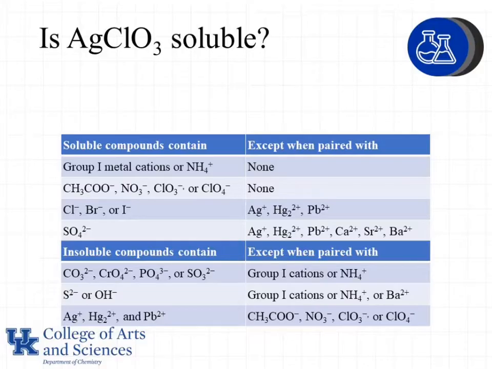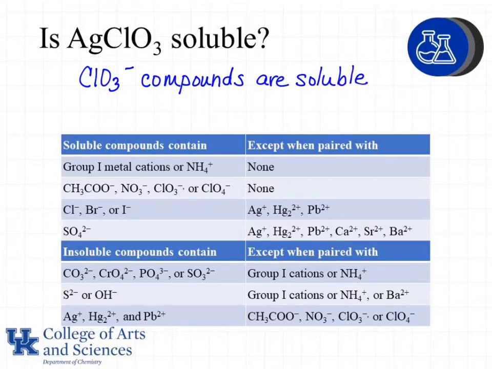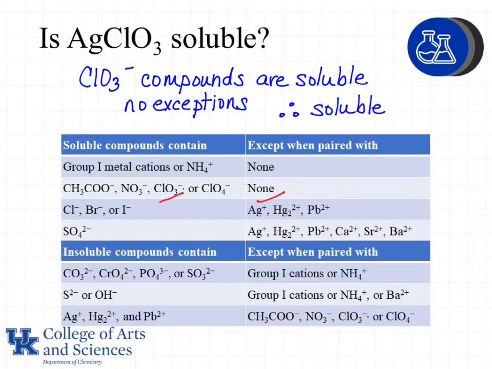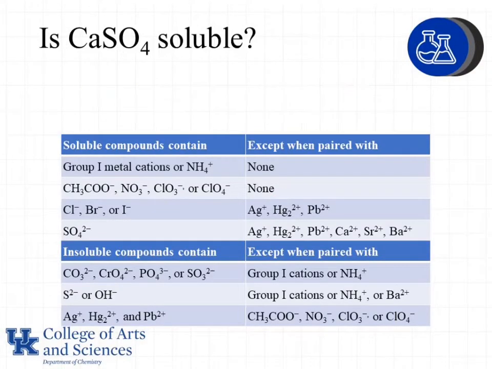Is AgClO3 soluble? Compounds with ClO3- are considered soluble, and there are no exceptions to those. Therefore, this will also be a compound that is soluble in water. Is CaSO4 soluble?